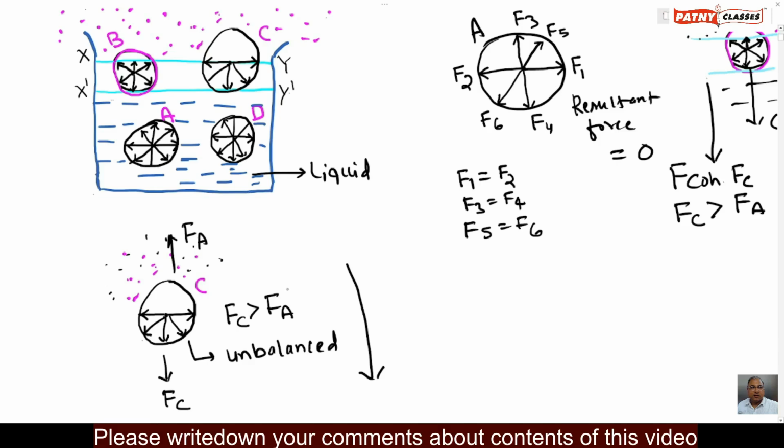What is the reason? Because it is unbalanced, because cohesive forces are stronger than adhesive forces. So the summary is that molecules A and D have a net resultant force equal to 0, but molecule B is unbalanced and pulled inside the liquid, as well as molecule C is also pulled inside the liquid.